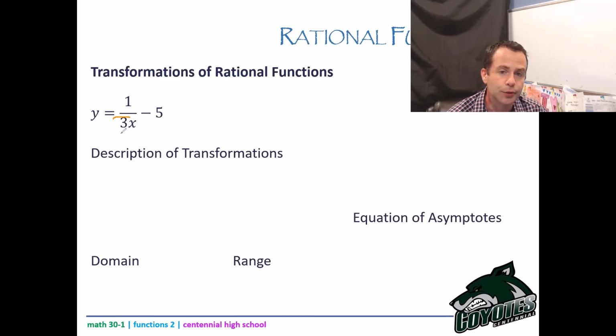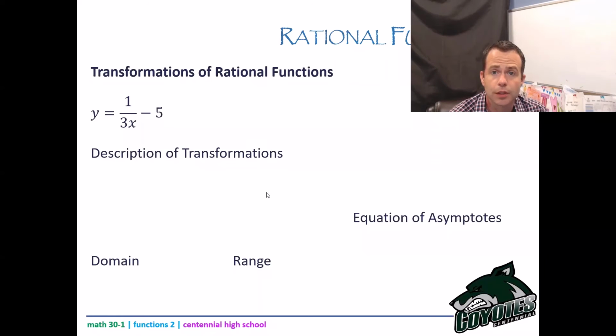If I said, oh no, that 3 is attached to the x, that'd be a horizontal stretch of 1/3, wouldn't it be? So a vertical stretch of 1/3 and a horizontal stretch of 1/3 actually are the same thing, and that has to do with the symmetry of a rational function.